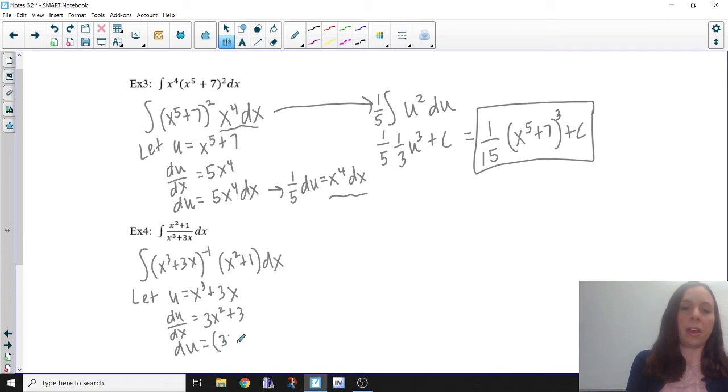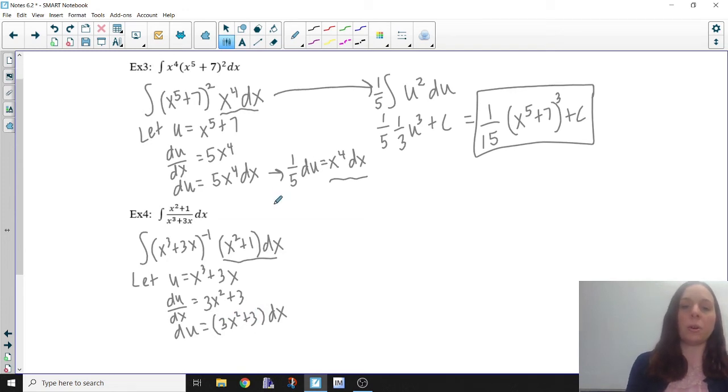All right, well, I have 3x squared plus 3 dx, and I need it to become x squared plus 1 dx. So if I divide 3 out of these two terms, I can do that. Or moving it to the other side would be even better. It's a 1/3 du.